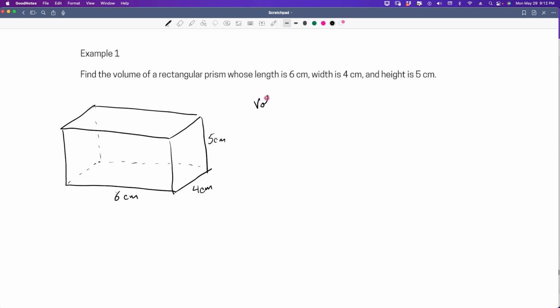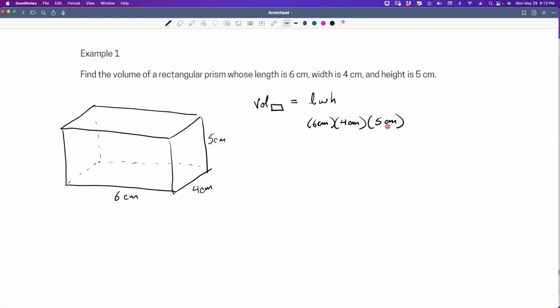So the volume of a rectangular prism is going to equal, for this one, length times width times height, which would be 6 centimeters times 4 centimeters times 5 centimeters. And so that's going to be 6 times 4 is 24.